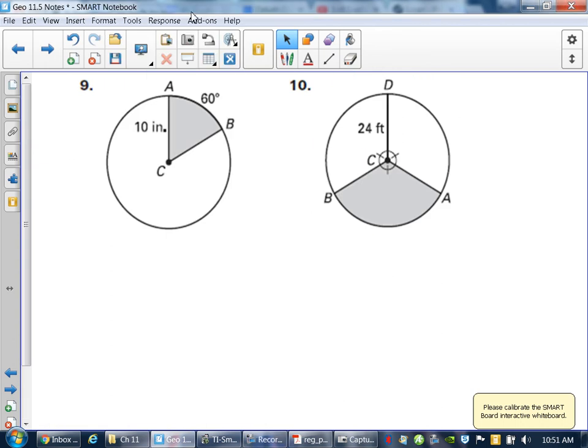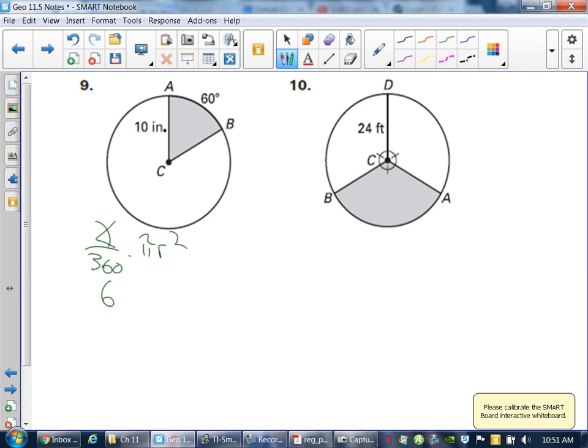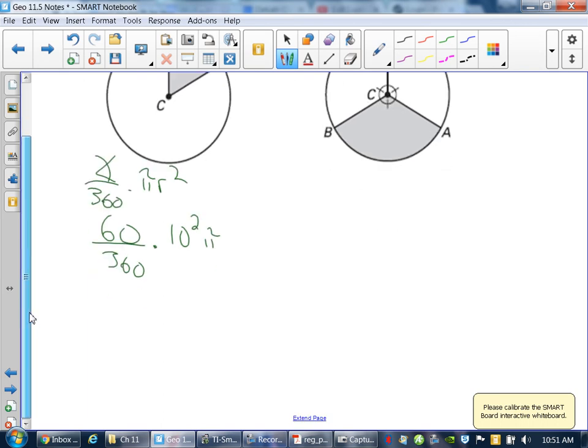Okay. All right. See how we're doing. So we have angle over 360 times pi r squared. So we have 60 over 360 times 10 squared pi, which is 100 over 6, 50 pi over 3, something squared.